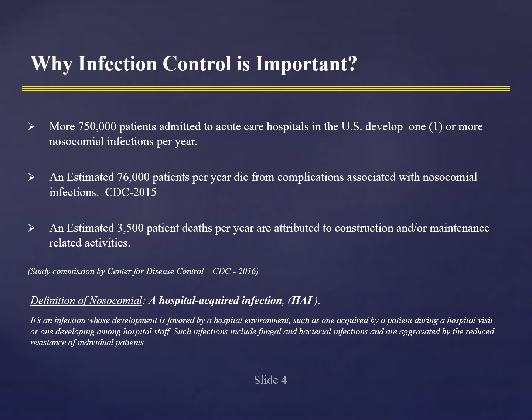Such infections include fungal and bacterial infections and are aggravated by the reduced resistance of individual patients, and more specifically, patients that are immunocompromised. And we'll talk about that some more. Again, the percentage is 3.8% of the estimated 76,000 are related to construction, and 5.5%.